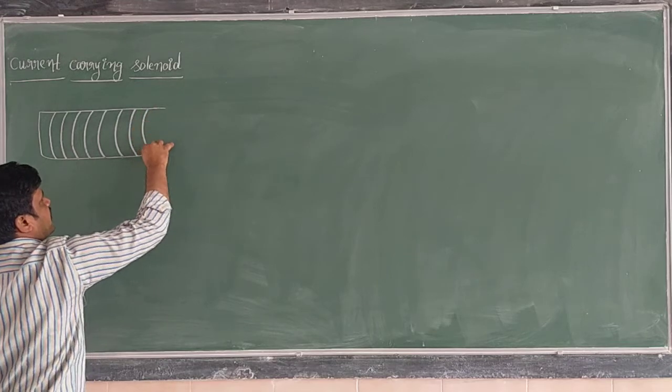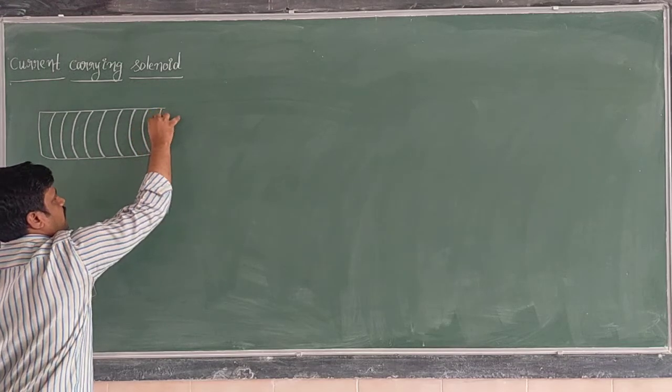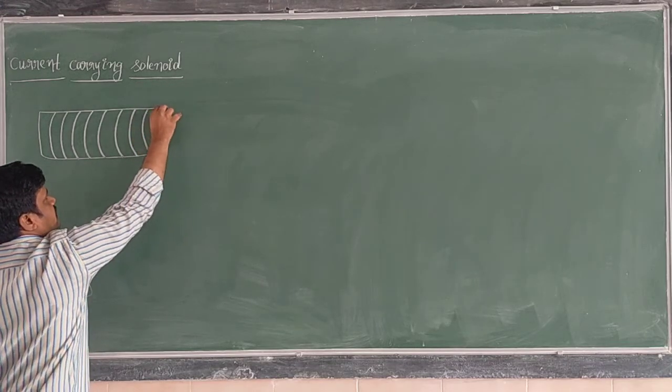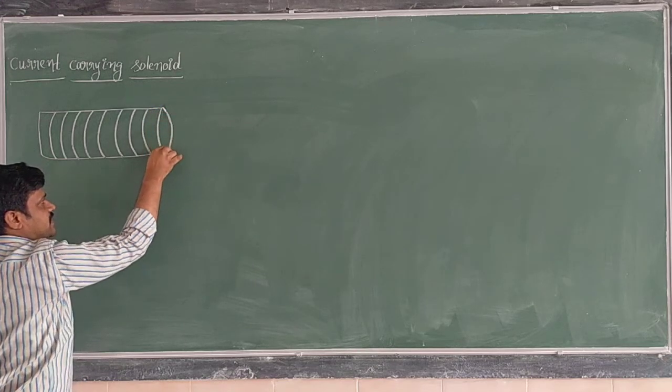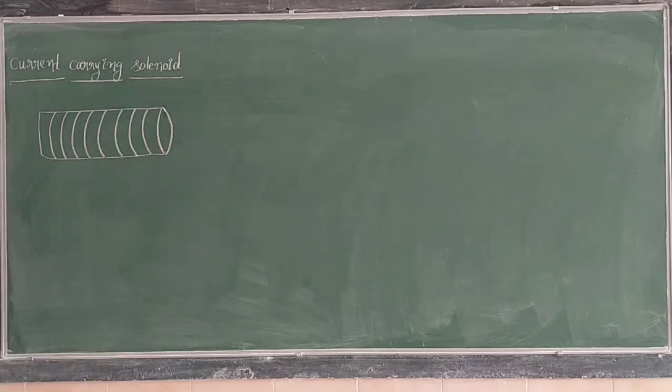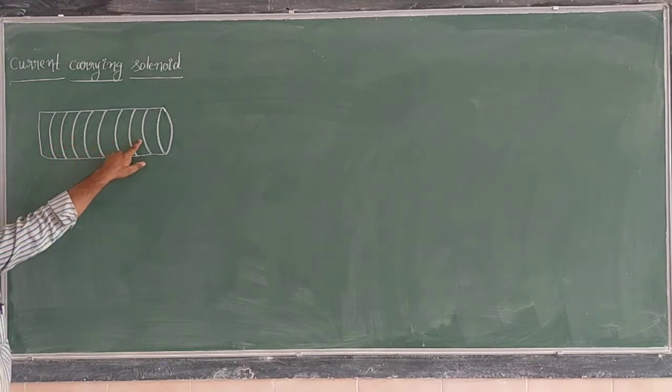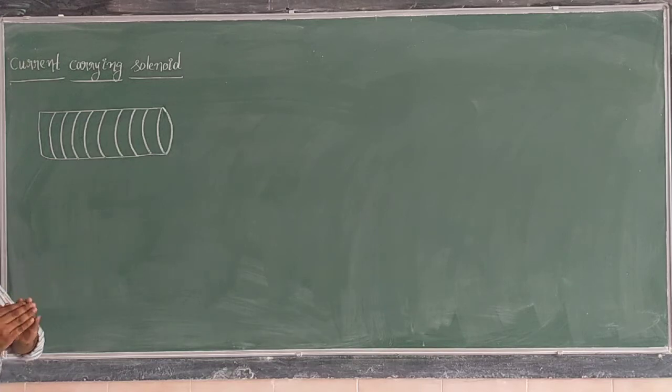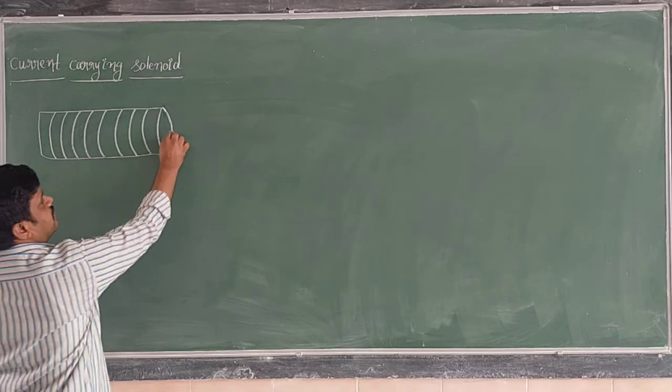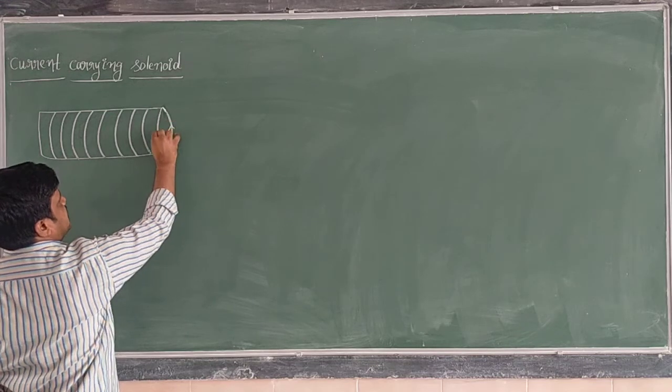You just observe here what I am going to tell you. A large number of closely spaced turns wound on an insulated material is called a solenoid. In this solenoid, current is flowing.